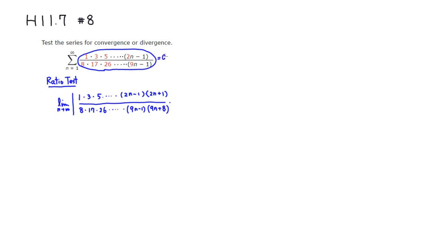So we just have to take the reciprocal and multiply. So we're going to have 8 times 17 times 26 times and so on, then 9n minus 1, then 1 times 3 times 5 times, and then 2n minus 1.